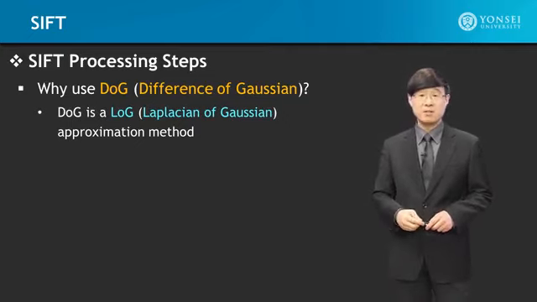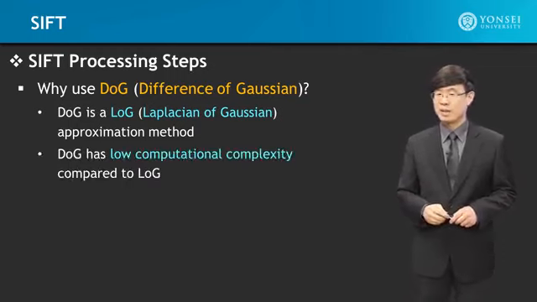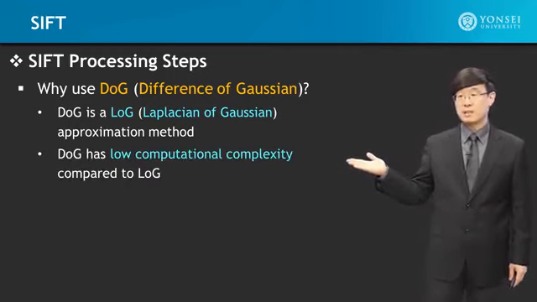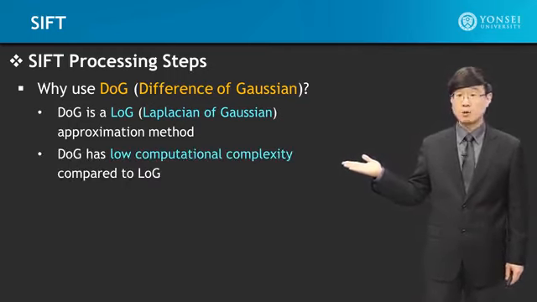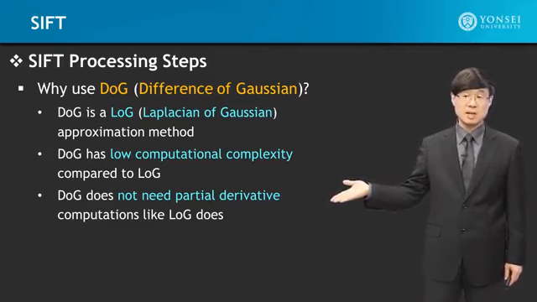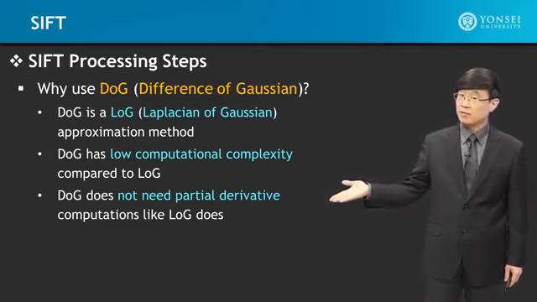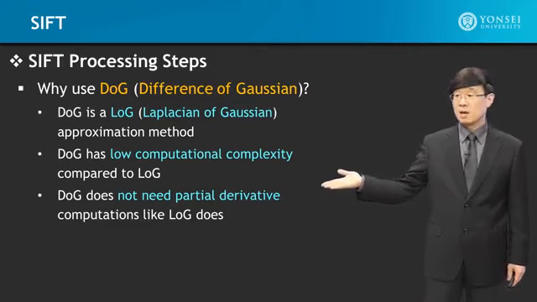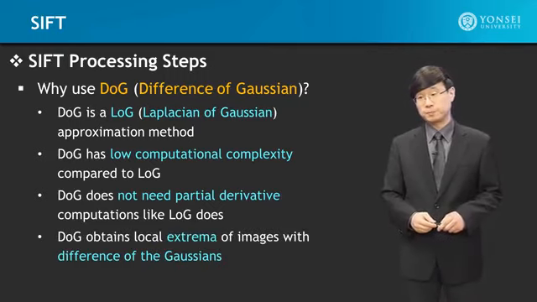What is the benefit of it? Hang in there, I'll explain it soon. DOG has low computation complexity compared to LOG. In addition, DOG does not need partial derivative computation like LOG does. So automatically from this statement you see that LOG is very computation burdening, and it is computation burdening because it uses partial derivatives.